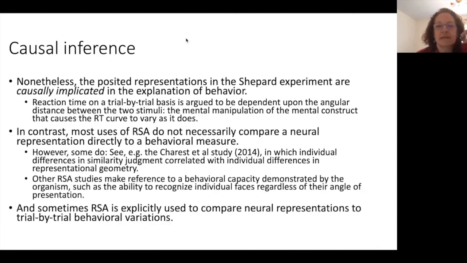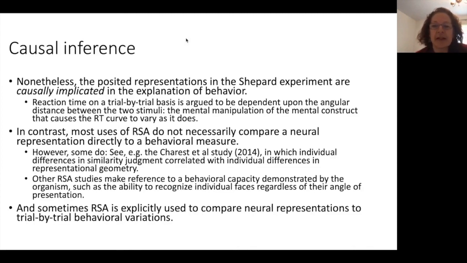And to be clear, most uses of RSA don't really compare a neural representation directly to a behavioral measure. And this is not true across the board, of course. There's studies in which individual differences in similarity judgments are found to correlate with individual differences in representational geometry and stuff.